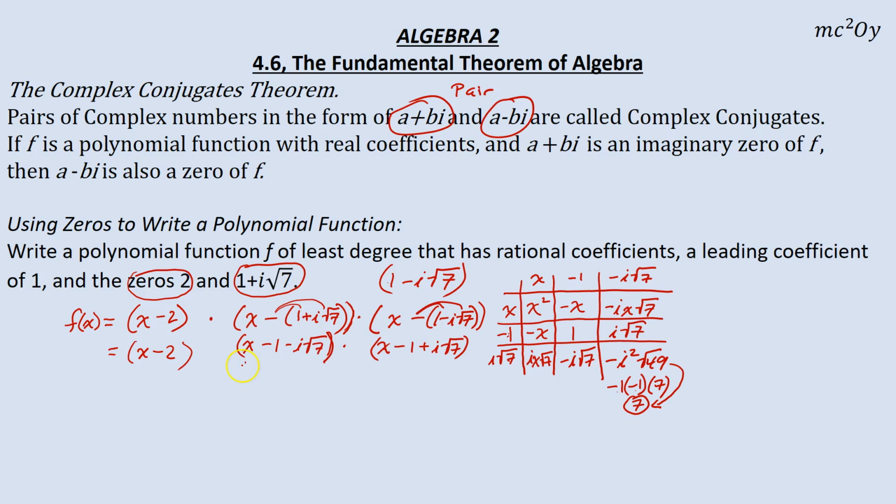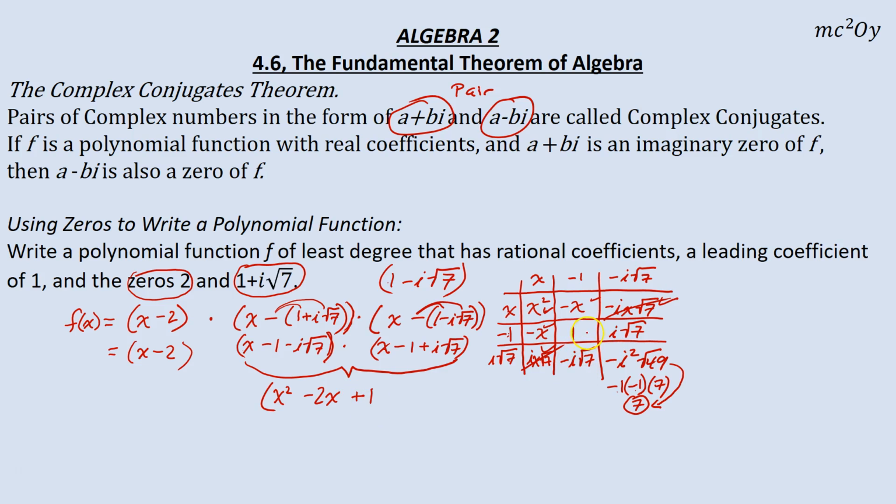So let's simplify it now. These two trinomials multiplied together give you x squared. I'm going to check off that I've used it. Negative x and negative x is negative 2x. I x root 7 and negative i x root 7, that actually is 0. Those cancel. We have 1.